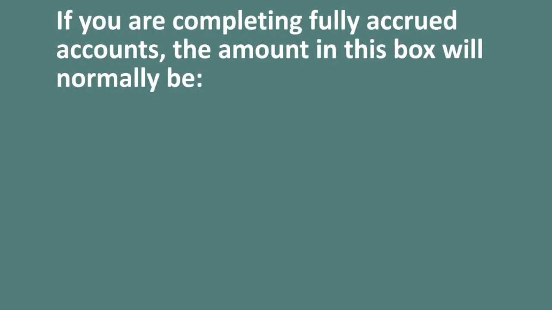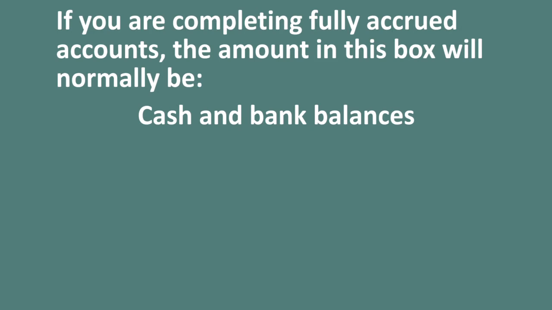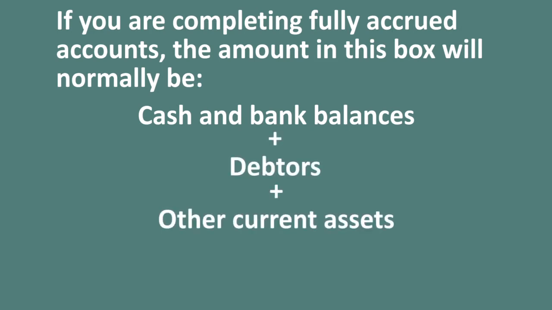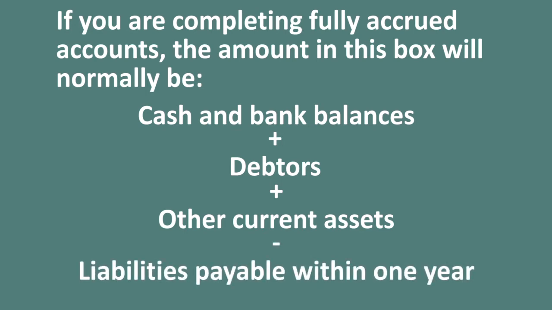If you are completing fully accrued accounts, the amount in this box will normally be cash and bank balances, plus debtors, plus other current assets, minus liabilities payable within 1 year.